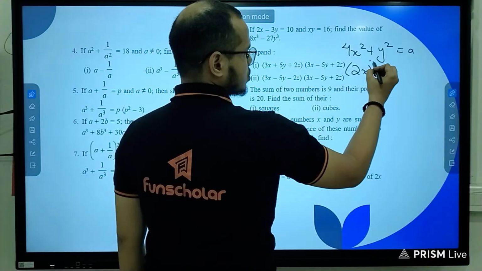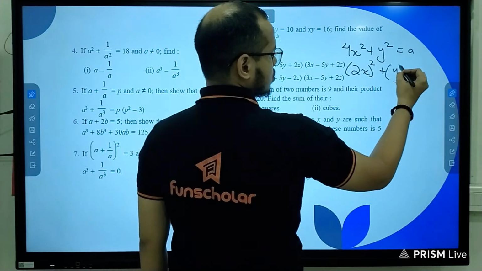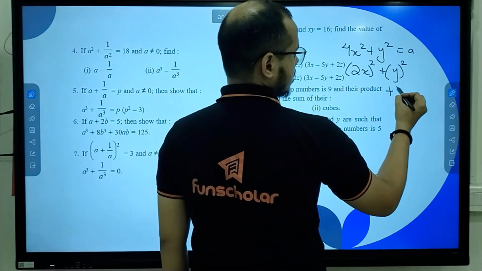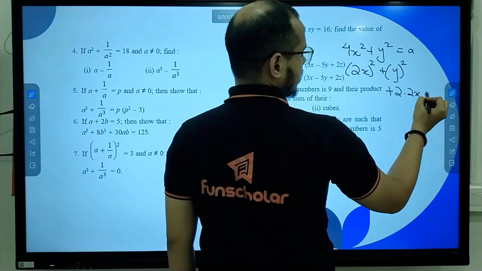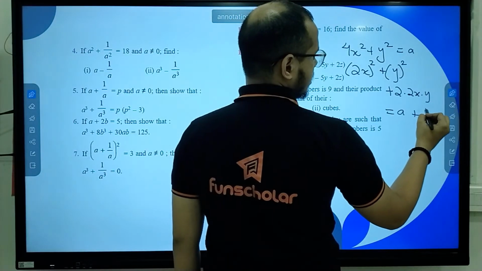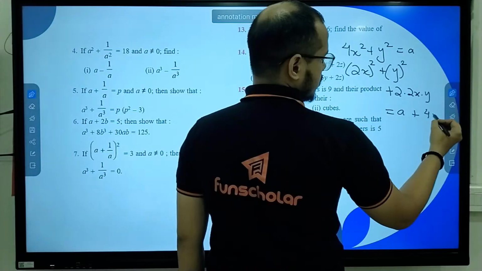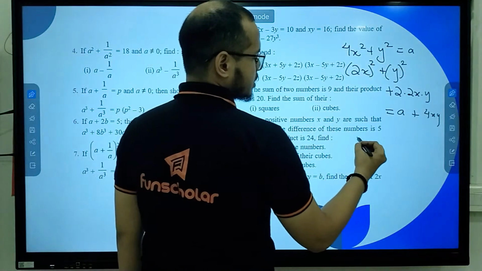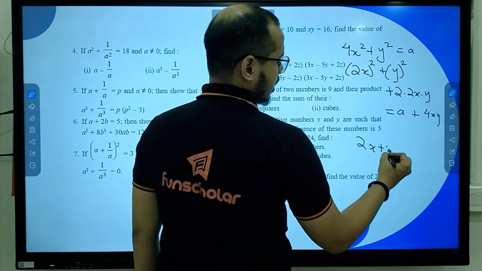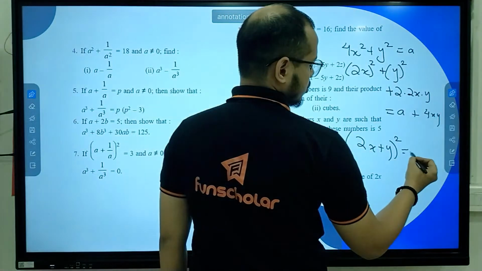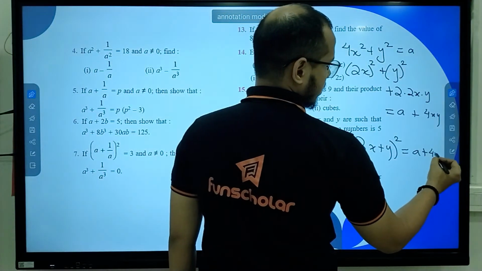So (2x)² + y². If I add plus 2 into 2x into y, and in the second portion I add this exact term again for xy, then this first portion will become nothing but (2x + y)², and the second portion will be a + 4xy.